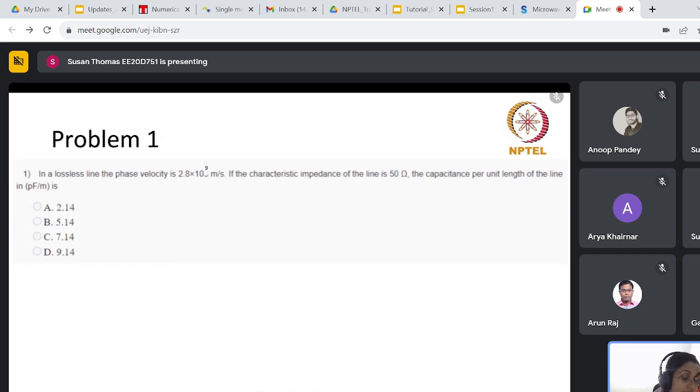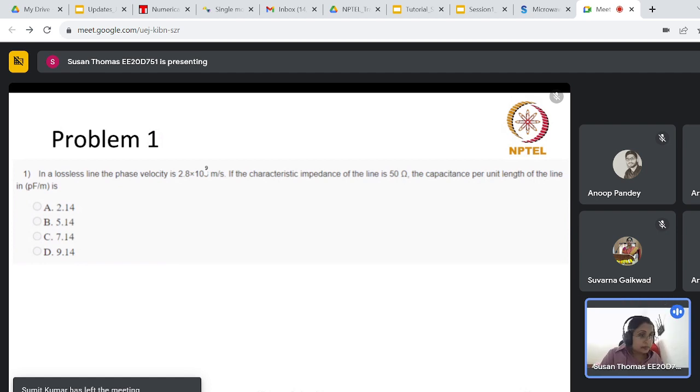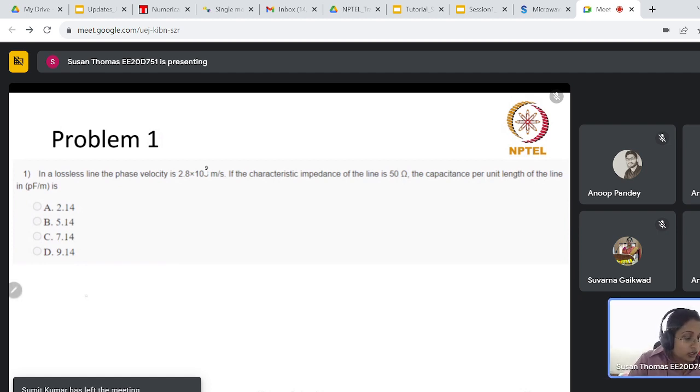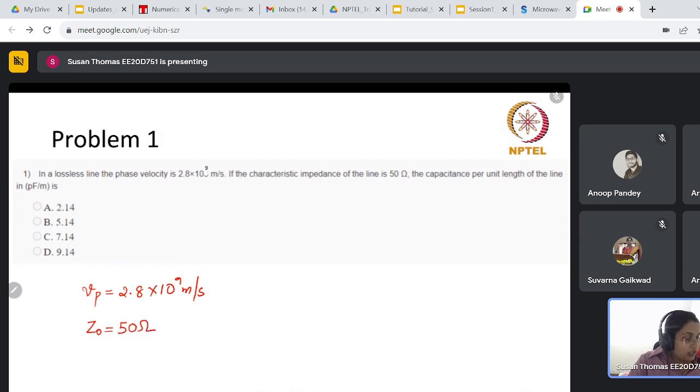In a lossless line, the phase velocity is 2.8 into 10 power 9 meter per second. The characteristic impedance of the line is 50 ohm. The capacitance per unit length is being asked.